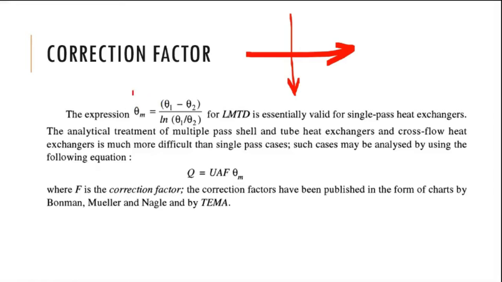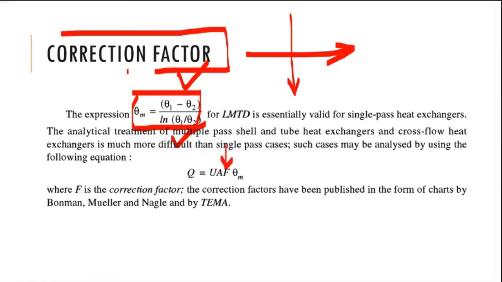The relation will be theta m is equal to (theta 1 minus theta 2) by ln(theta 1 by theta 2). But you need to add a factor there. That factor will be called the correction factor. So the rate of heat transfer will not be equal to UA multiplied by theta m.